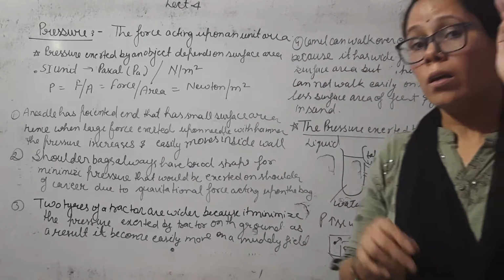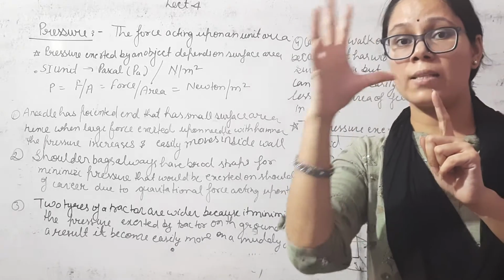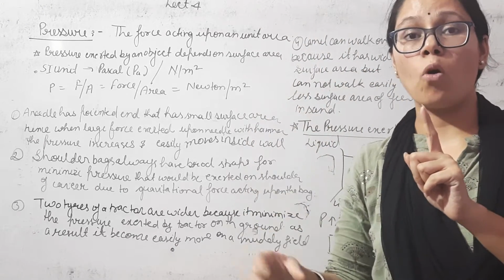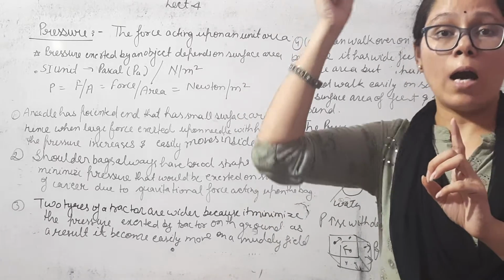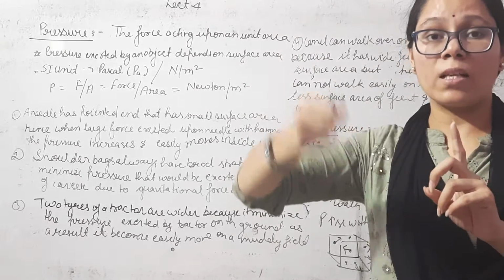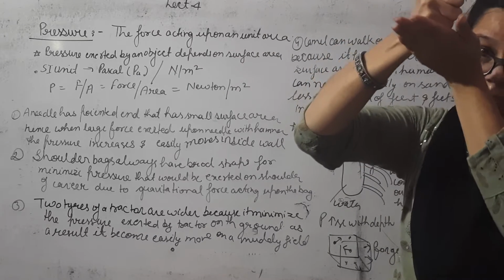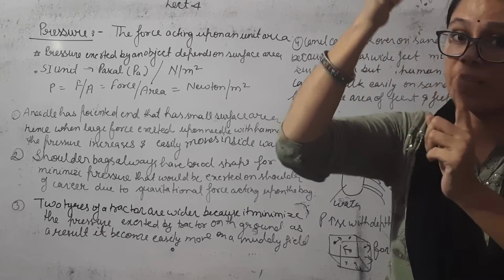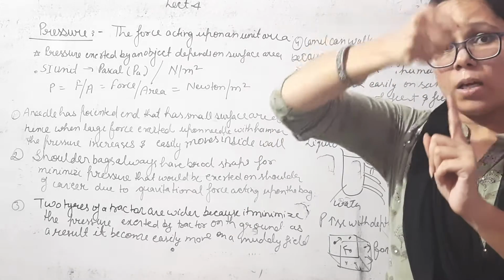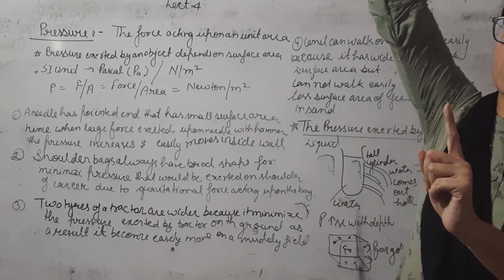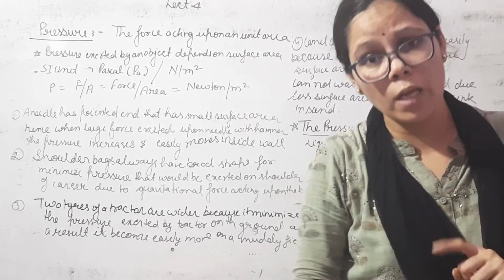When the area is small, the pressure is high. The surface area of the hammer is greater than the needle, so the force is spread and the needle easily enters into the wall.